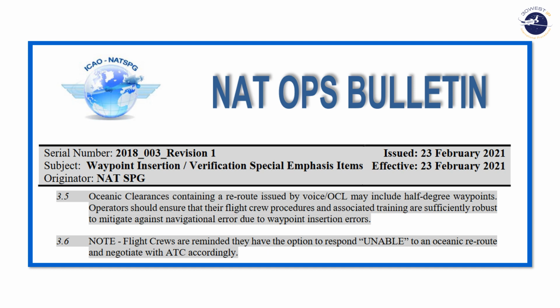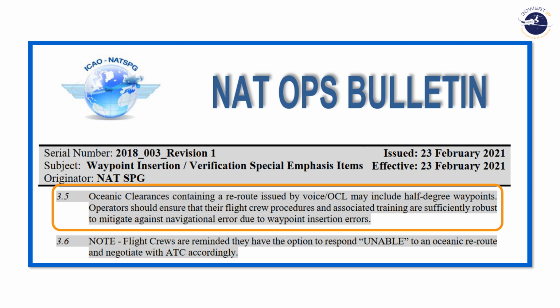Prior to this update, I think we were all sharing the understanding that half-degree waypoints in the North Atlantic were limited to the PBCS tracks. We kind of feel like this statement was quietly slipped into this update, advising us that half-degree waypoints can now be included in any oceanic clearance in the North Atlantic, even clearances delivered by voice.